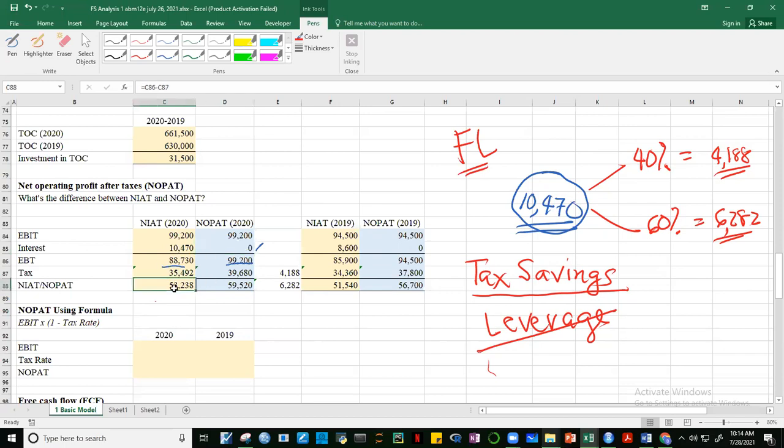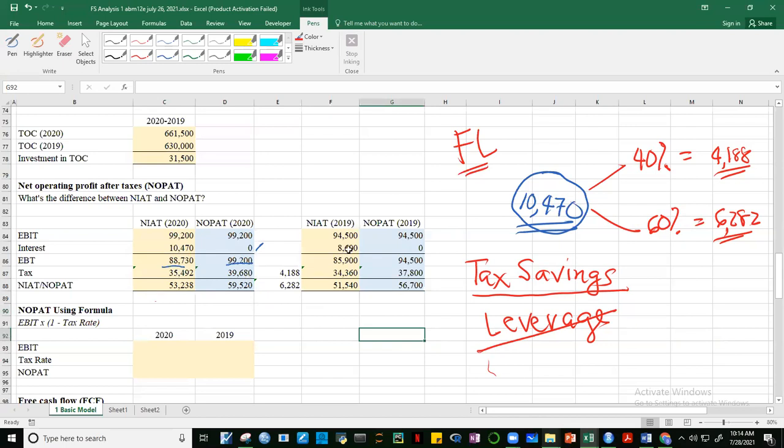Okay? Bottom line, guys, hindi lahat ng interest na hindi natin binawas sa NOPAT makikita yan dito sa difference ng NIAT at saka sa NOPAT. Okay? It's only 60%, guys. 60% of the interest expense ang magiging lamang ni NOPAT. Kasi yung 40% ibabawas natin kasi magkakaroon ng tax savings si NIAT as compared to NOPAT.